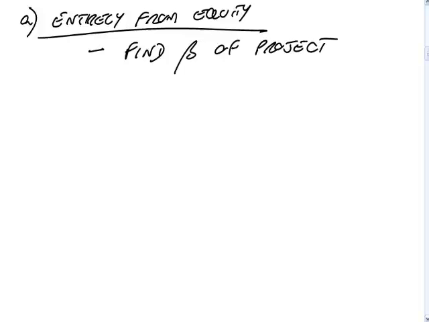You can look back later. It's exactly what we did last time. There we had to use a similar project and ungear. Here I've given it to you. It's 1.5. Okay? And I will write down, use similar company.